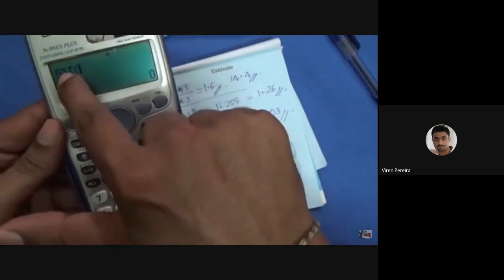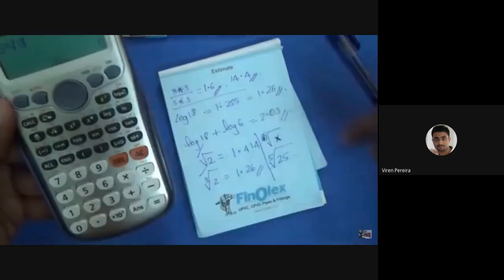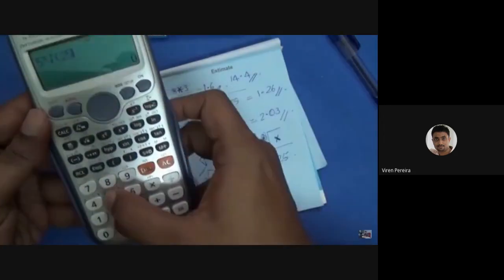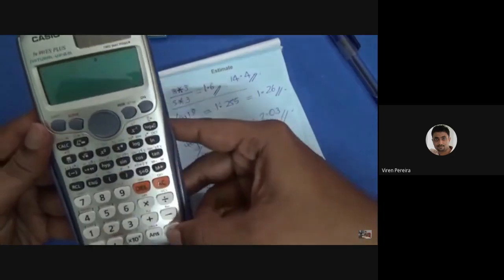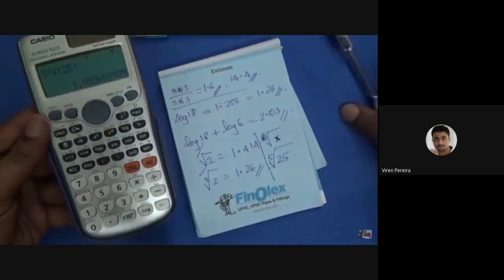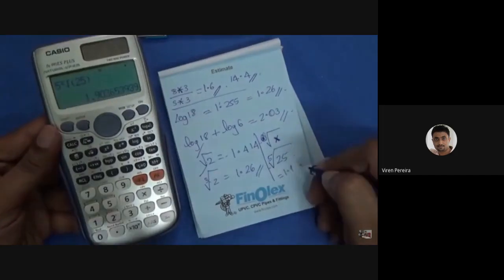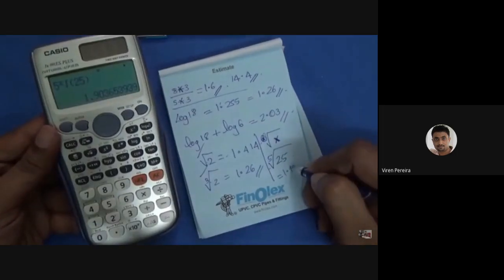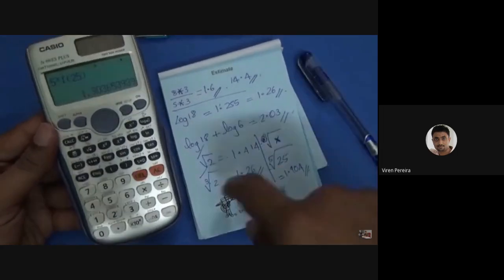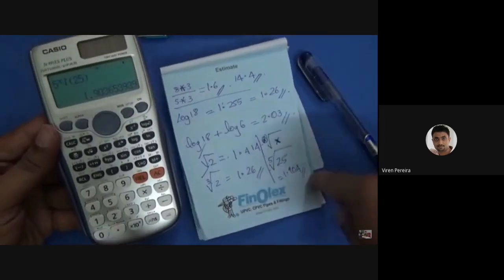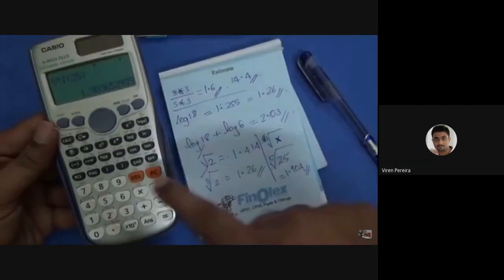So this x will be the 5 value, which is my 5 root, and now 25 and close bracket. So I get how much? I get 1.904. So this is how I can get 5 root of 25. I just have to press this button.